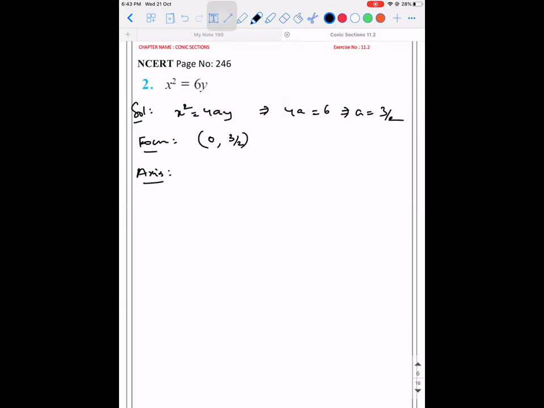Axis: y is equal to 0. Directrix: y is equal to minus 3 by 2. Latus rectum: 6. Actually, it will be 6 units because you're talking about length.